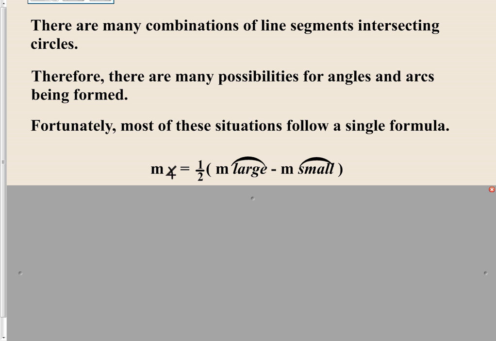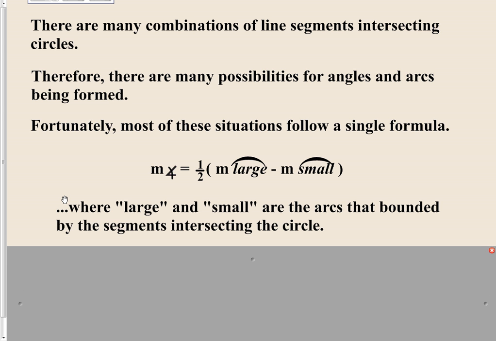When they come from a common endpoint and they move through a circle, as you are going to see, you're going to end up with one of the arcs, the one that's closest to the common endpoint, being smaller than the one that is further away, simply because the lines have had a longer length of time to spread apart from each other. So large and small are the arcs that are bounded by the segments that are intersecting the circle.